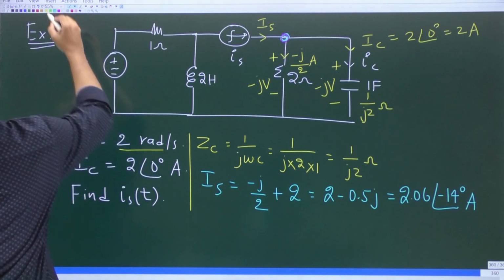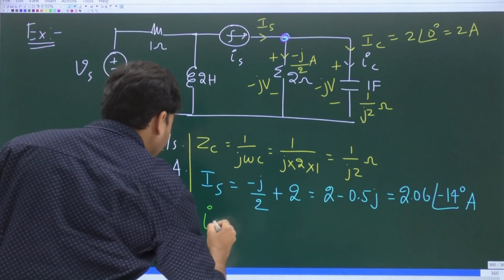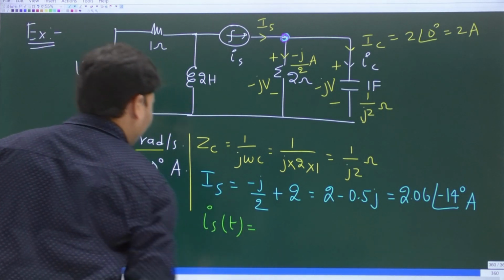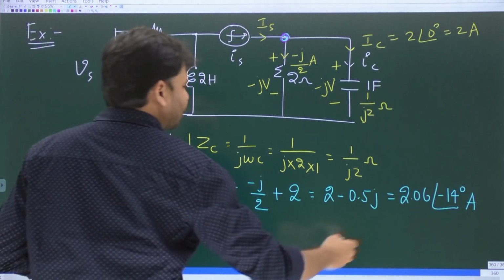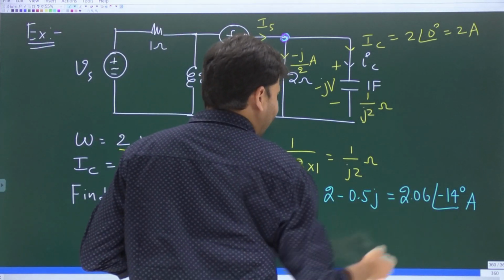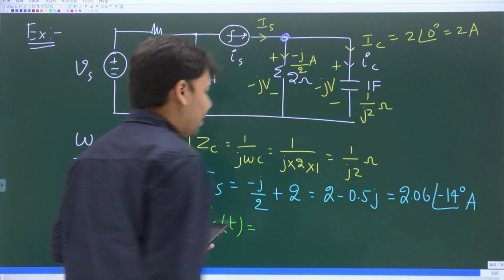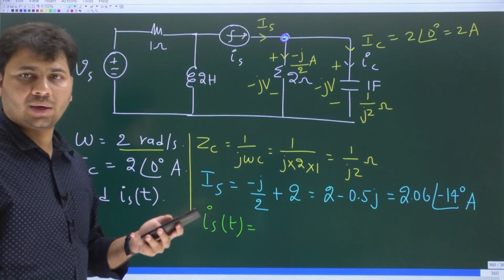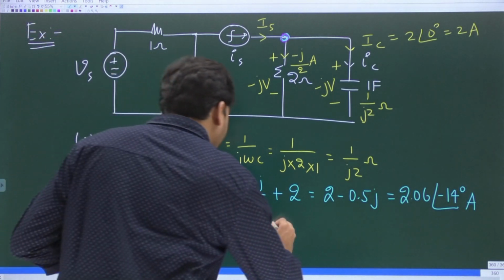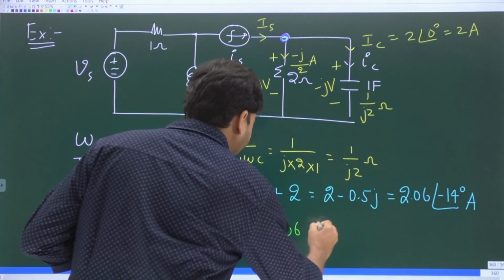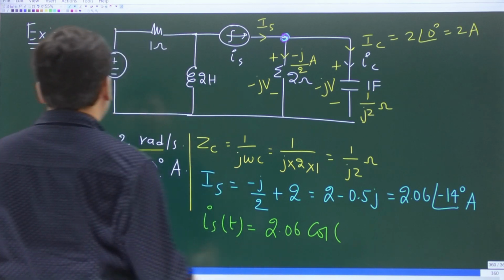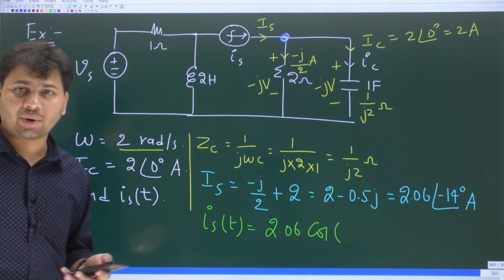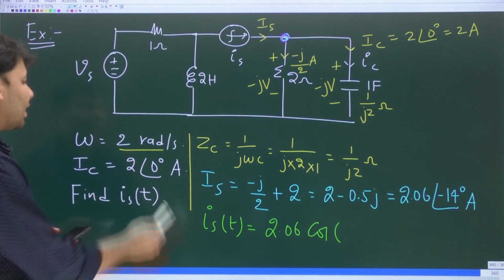So clearly the phasor current Is, capital Is, is now in the polar form. Once you have it in the polar form, we can go back to time domain, small is of t. So this 2.06 is going to be the amplitude, minus 14 degrees is going to be the phase angle of the sinusoidal current. Yes. So 2.06 cos of omega t. First you always have to write what? Omega t. Remember omega is what? 2.